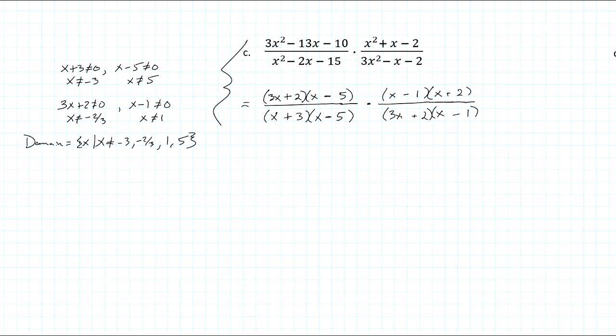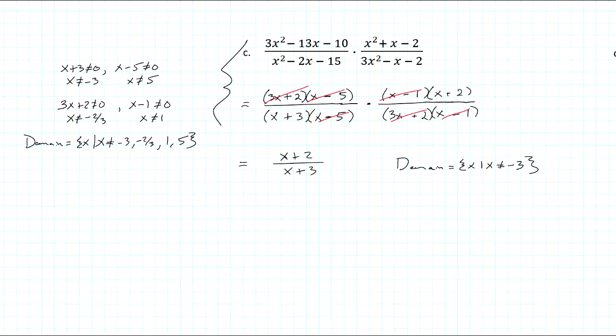All right, let's go ahead and cancel some factors here. The 3x plus 2's can cancel, the x minus 5's can cancel, and the x minus 1's can cancel. After we do that, we see that we're going to get x plus 2 over x plus 3. And the domain here is the set of x such that x cannot equal negative 3.